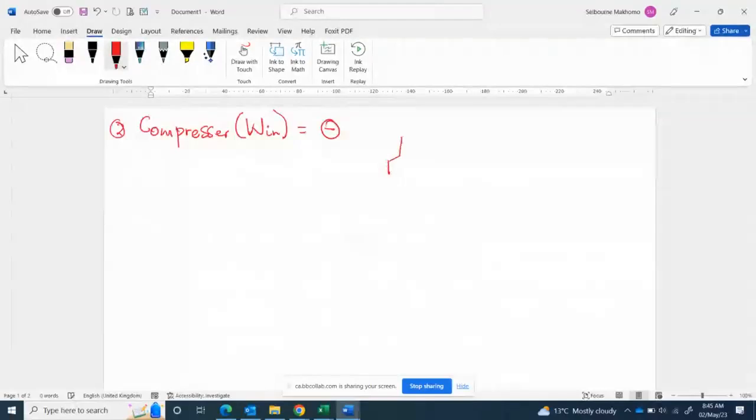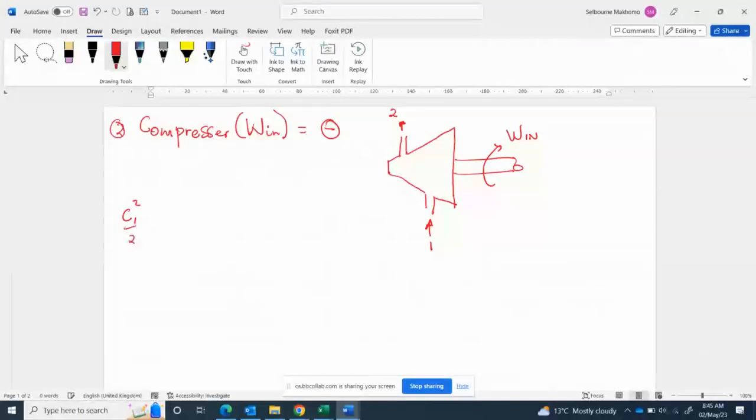So let me draw a schematic diagram of the compressor so that I can also apply the steady flow energy equation. The schematic diagram of a compressor is similar to that of a turbine. The difference is the direction of flow. We have work input for the compressor, and then we have point 1, and at that point here, we've got 2.